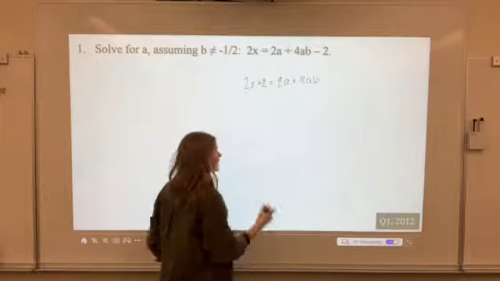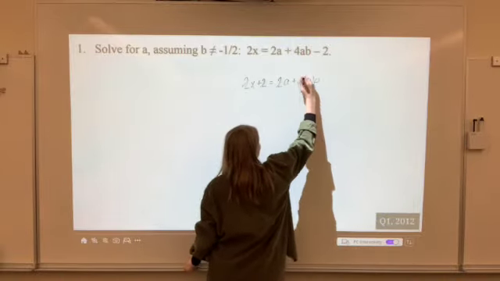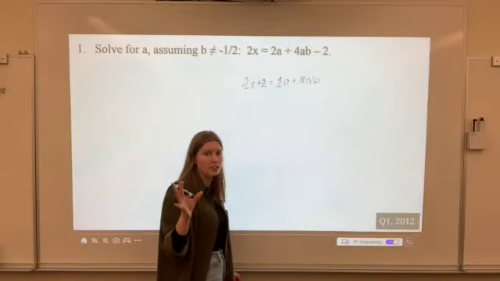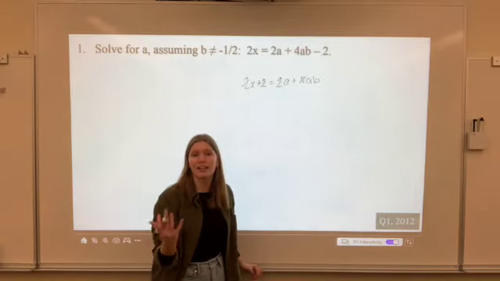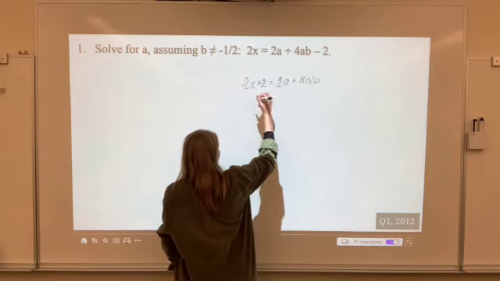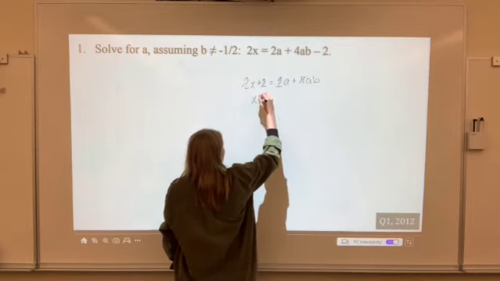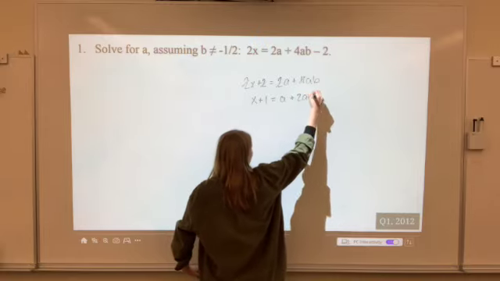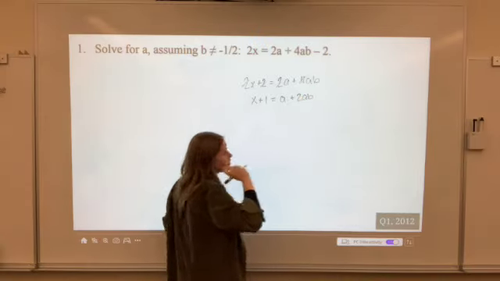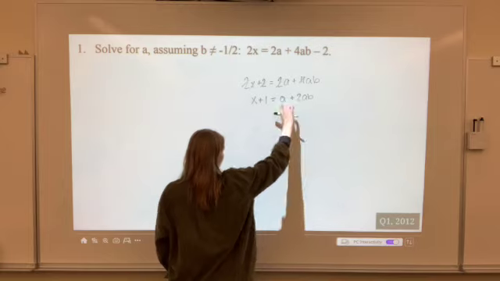Now before I factor out the a, I'm going to cancel out a 2 from each of these terms so I don't forget to do it at the end because, like I said, if your answer is not fully simplified, it will count as incorrect. So x plus 1 is equal to a plus 2ab. Now I'm going to factor out the a from these two terms.